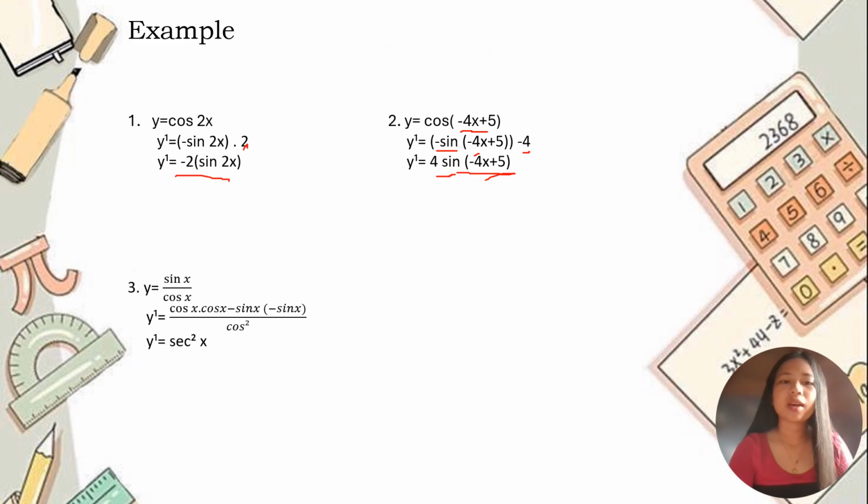In number 3, we have the given y is equal to sine x over cos x. With this, we will use the quotient rule.